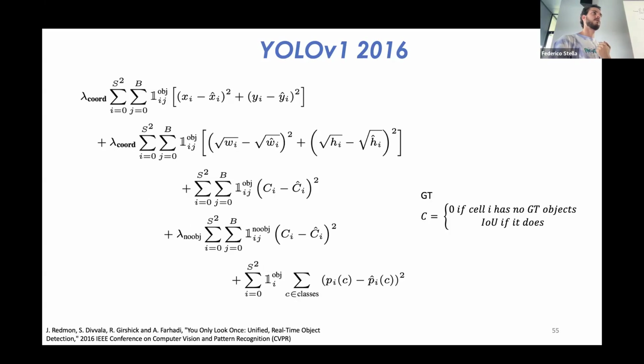Is it clear? Yeah, and is that no object parameter sensitive to the density of objects in the target set or the training data set? It's not a parameter, it's just an indicator function though. So we're not trying to learn this. The lambda?